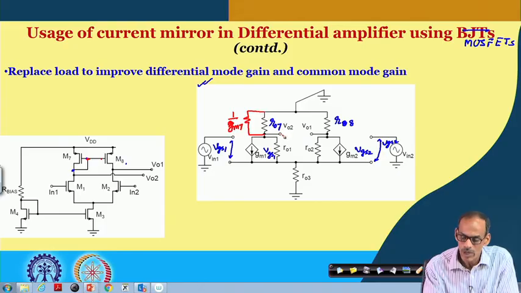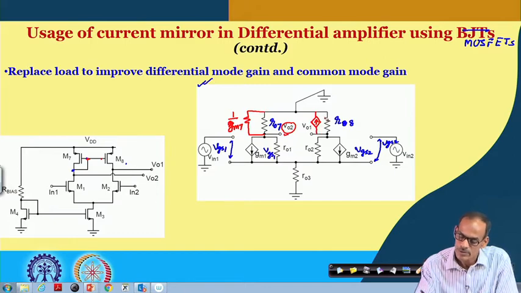So, if we have a signal here at VO2, that signal will also provide a current here, and this current is GM8 multiplied by VO2.